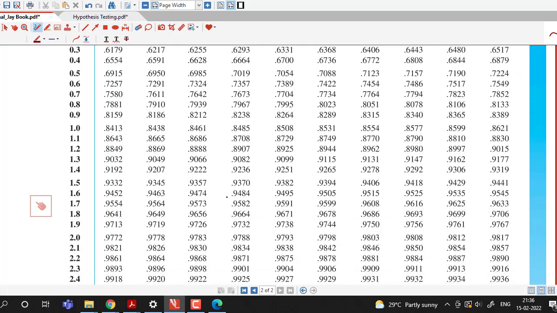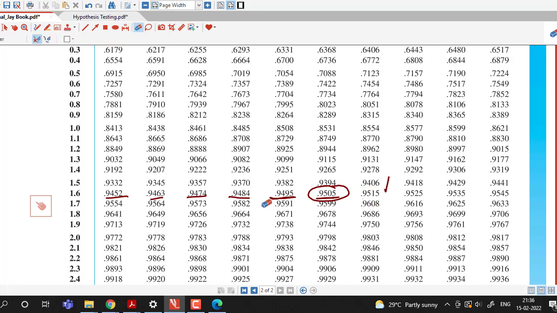So here we can see we have 0.9484, 0.9495, 0.9505. We can see these two values are closest to 0.95 as compared to the remaining values. This one is also near to 0.95, but this is nearer to 0.95 as compared to that one.